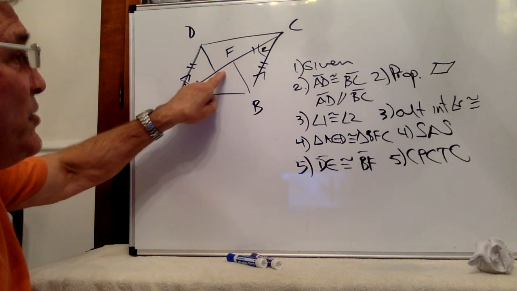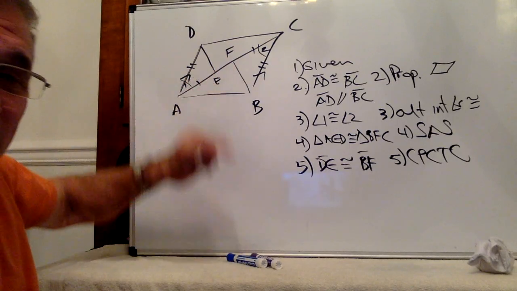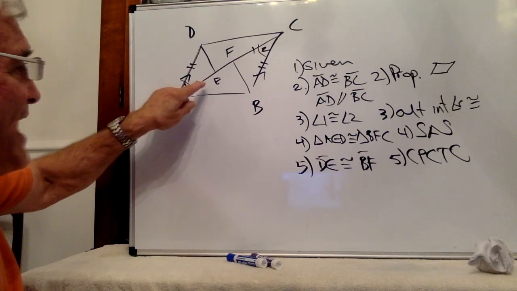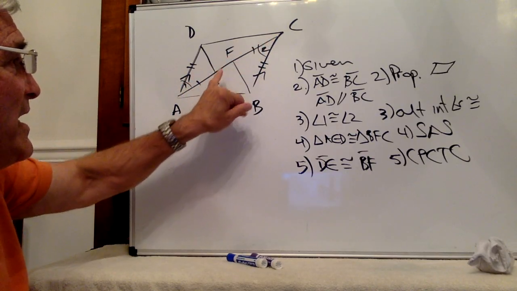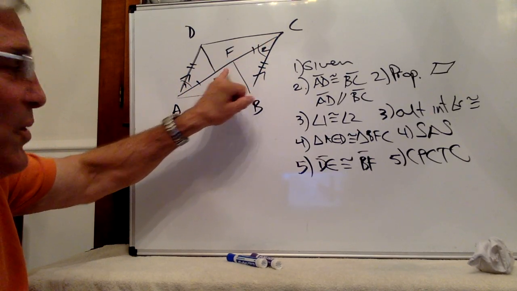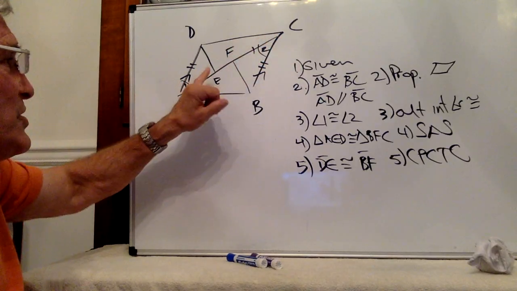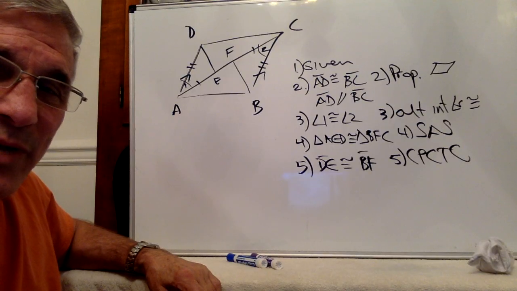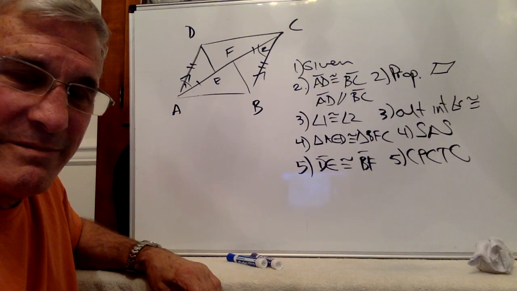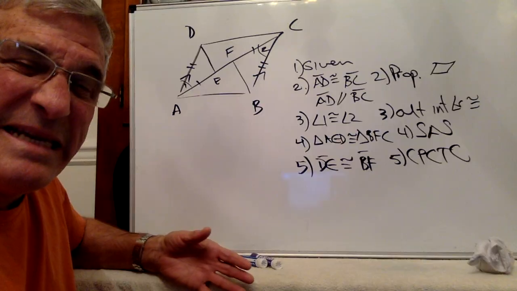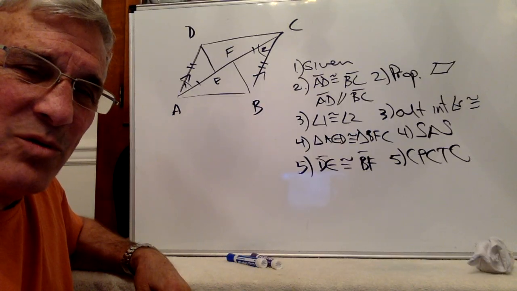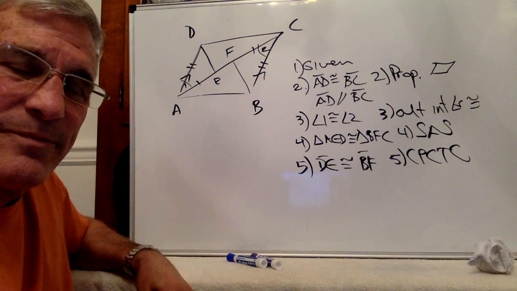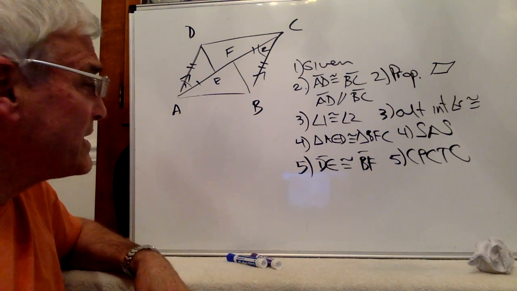You do need to put it in the proof, say EF is congruent to itself, reflexive, and then by addition, since AE is congruent to FC, you're going to add FE to those two parts, and that would give you AF congruent to CE by addition, and then you would have those two triangles congruent by SAS. DE and FB congruent by corresponding parts. Whichever way you happen to see it, that's fine, if you did it either one of those two ways.